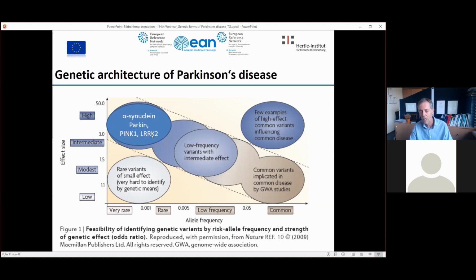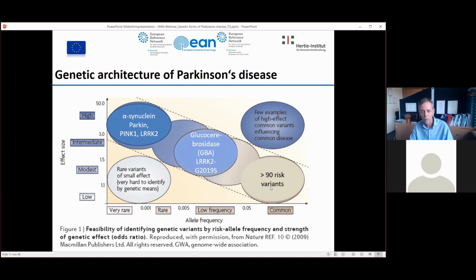Those are genes that harbor rare, high effect strength variants. There are some of those intermediate classes, and GBA, the glucocerebrosidase gene, is one of the major ones, and one specific mutation of the LRRK2 gene, the G2019S. And then there's a large number of risk variants of low effect present. We have detected about 90 of those risk variants.